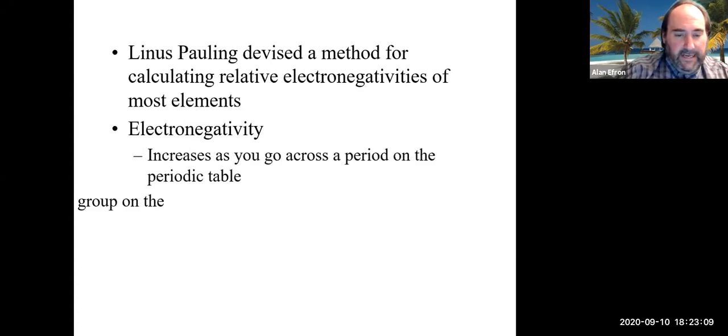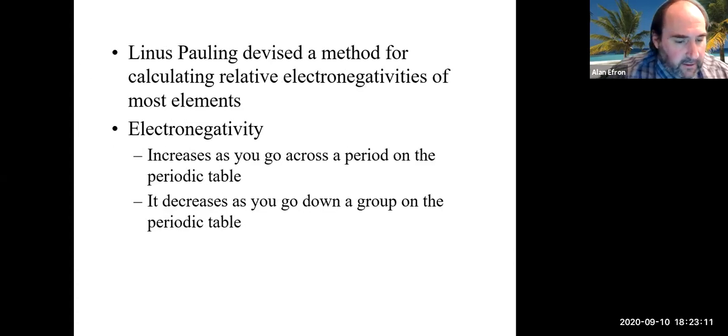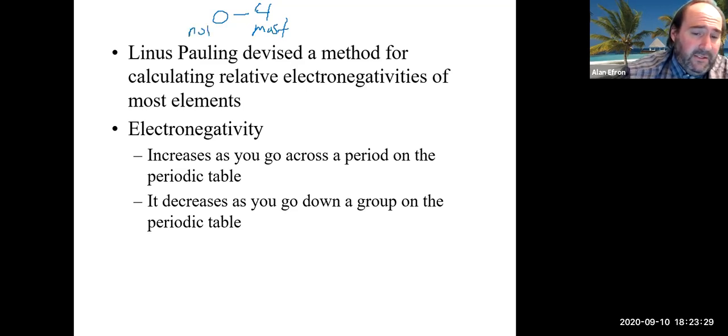Now, there was a guy named Linus Pauling, and he came up with a numerical value to help us understand electronegativity. The numerical value for electronegativity runs from 0 to 4. 4 is the most electronegative, 0, not so much. You hear that a lot in science.